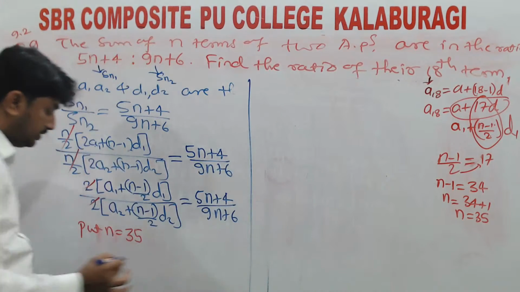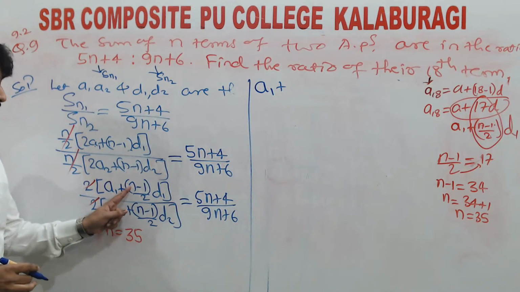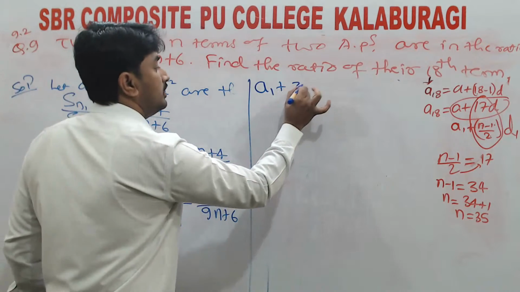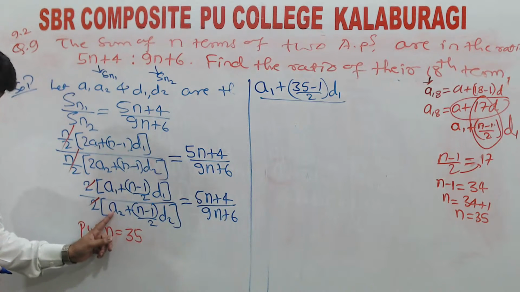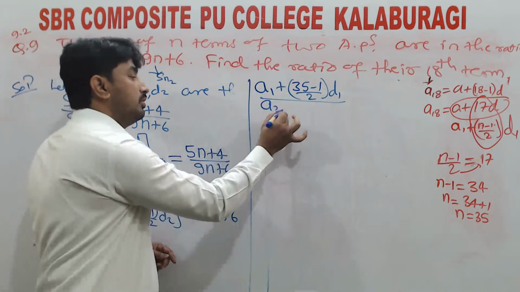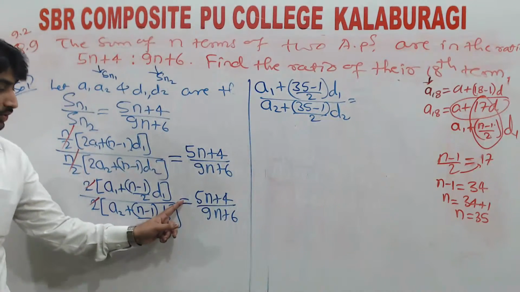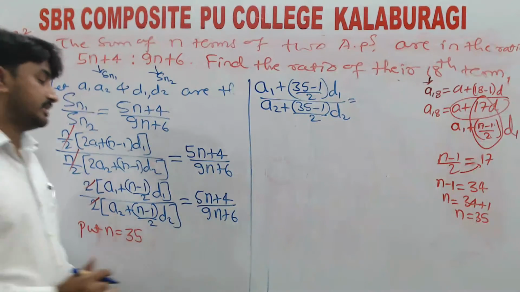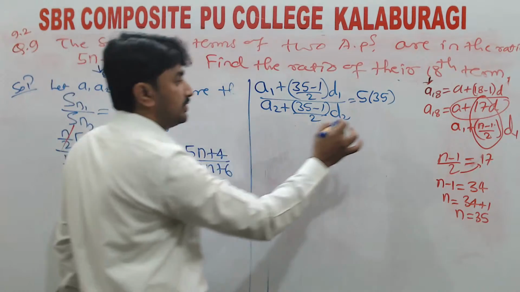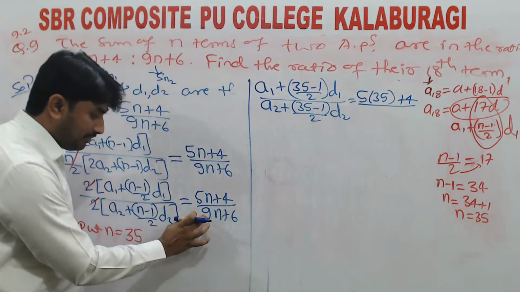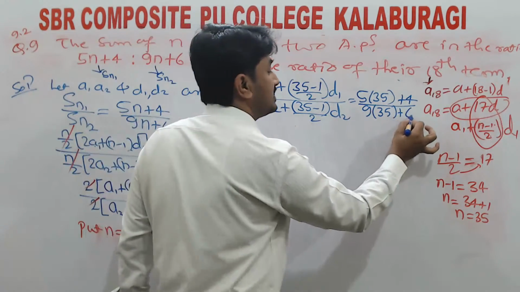Here A1 I am writing as it is, plus in place of n I am taking 35, so (35 minus 1) by 2 into D1, divided by, in the denominator, A2 plus (35 minus 1) divided by 2 into D2, is equal to 5 into 35, plus 4, divided by 9 into 35, plus 6.